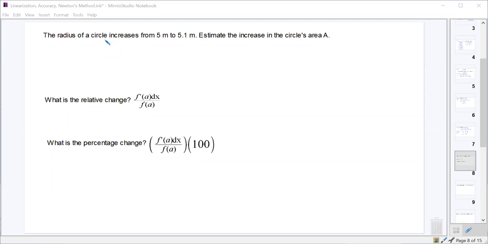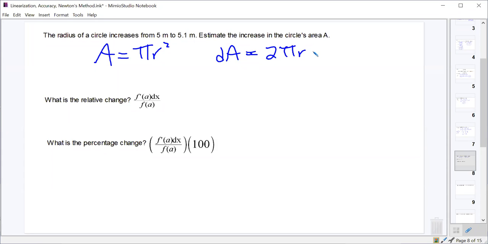We need the formula for the area of a circle, which is pi r squared, right? And so if we use a differential, that should tell us that the change in the area should equal about 2 pi r times the change in the radius. Everybody agree with that?